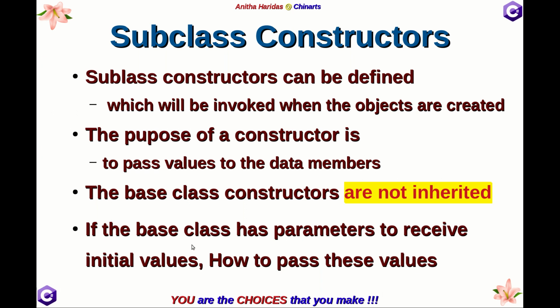Because the base class constructors may also have parameters to receive the initial values. But when you create an object of a derived class, how can you pass the values to the base class constructor also? This is what we are going to discuss in this video.